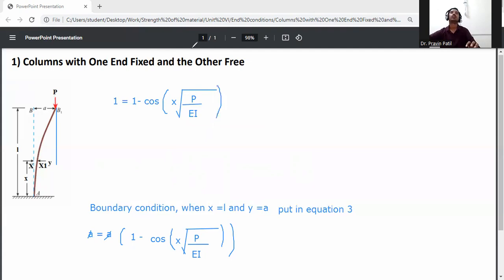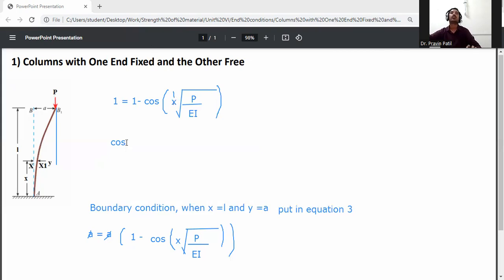So we can say cos x, it will be L. So we take x is equal to L. Okay.